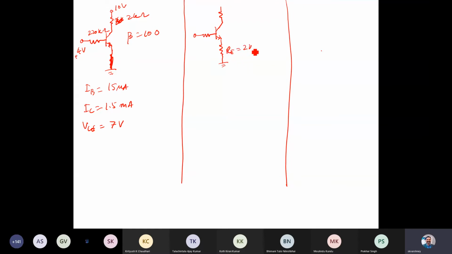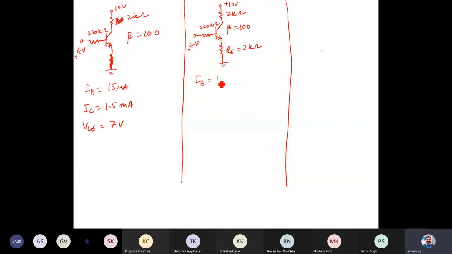And for this circuit, R is 2 kilo ohm, beta is 100, plus 10 volt, 2 kilo ohm, 220 kilo ohm, and plus 4 volt.